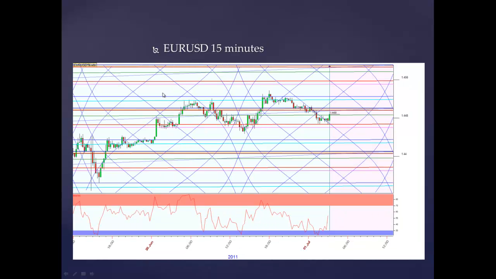Now I'll show you this on the Euro. Same thing. I just wanted to show you the last 2 days, and you can see it's coming through here. Also, the other planets play an important role. This is Jupiter here, so the price bounced on Jupiter and again on Jupiter in the fourth harmonic, and it's gone up and is finding resistance at the level where all the clustering planets are, and support as well.